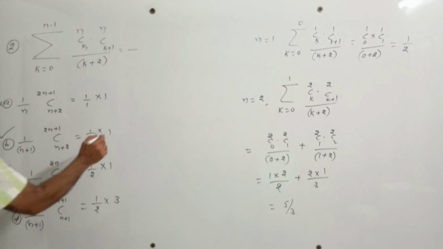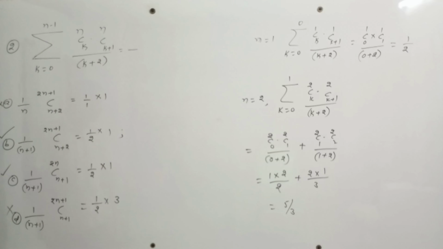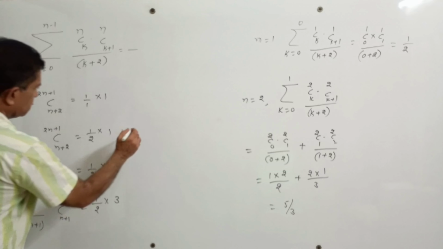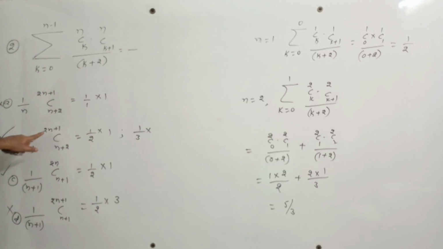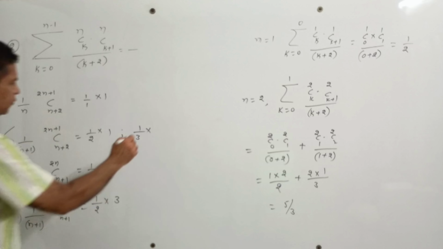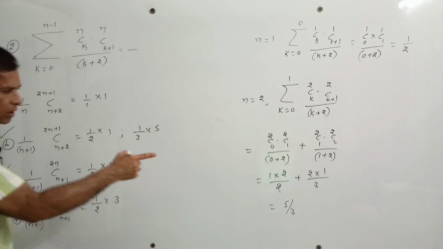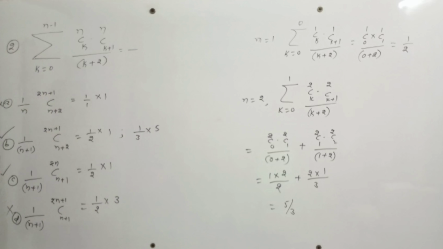I am verifying option B. For n is equal to 2, 1 by 2 plus 1, that becomes 1 by 3. For n is equal to 2, this is 5, this is 4, 5C4 becomes 5. So I got 5 by 3. So this may be the correct option.